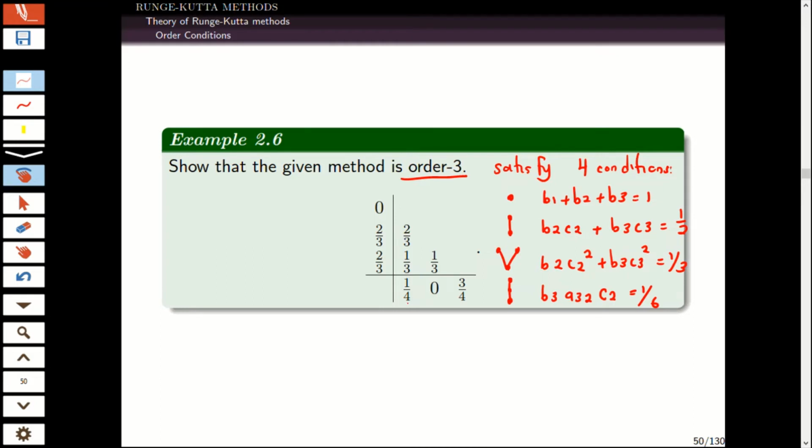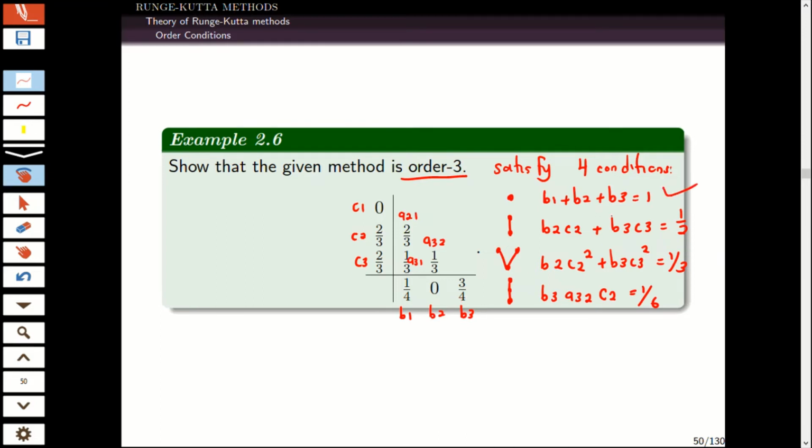For instance, we know that this one is b1, b2, b3. This is c1, c2, c3. And this is my a32. This is my a21, a31. Okay, so let's see that. b1 plus b2 plus b3 equals 1. 1/4 plus 0 plus 3/4 is 1.